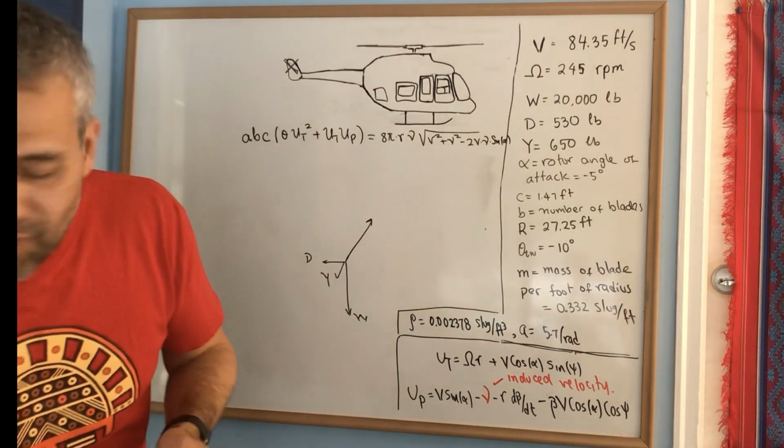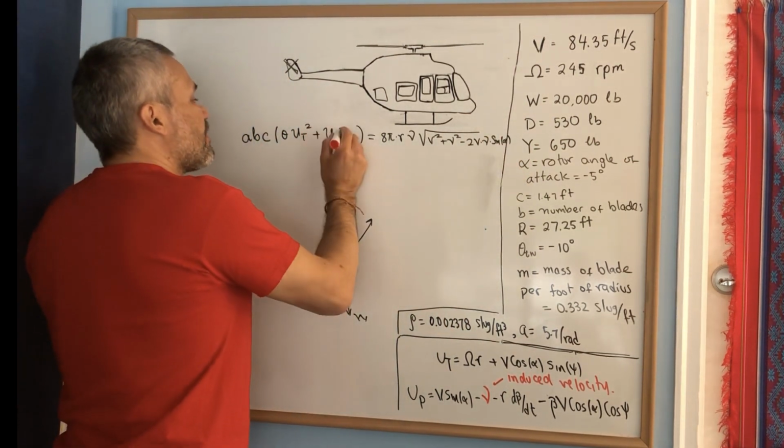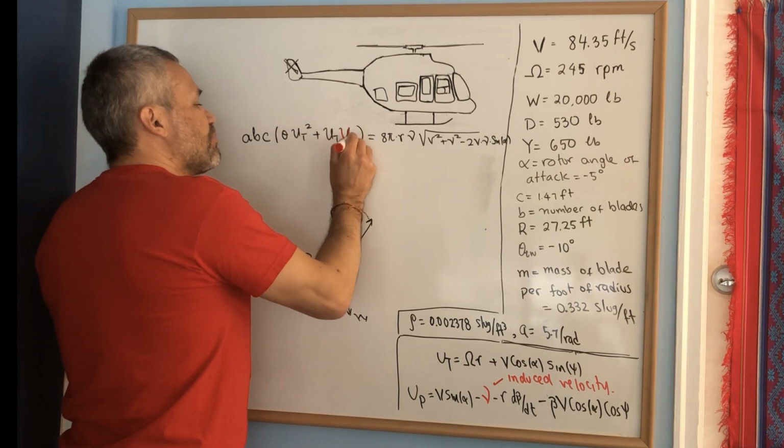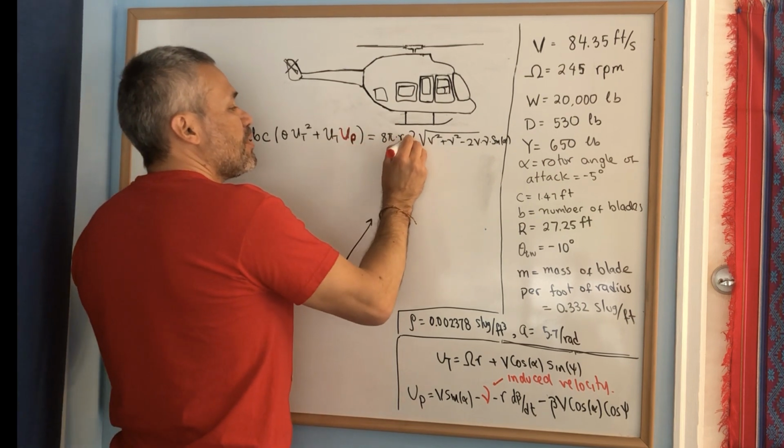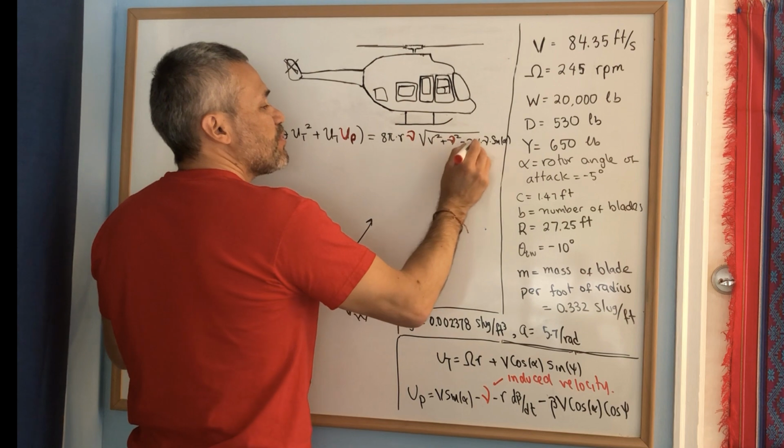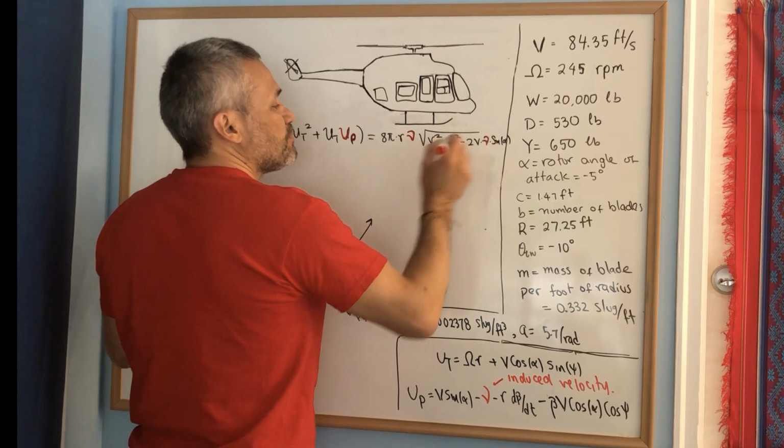Let me write in red the terms that have the mu in it. Here we have mu, here we have mu, here we have a mu squared, and here we have a mu.